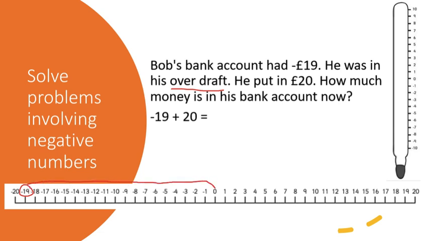That would be 19, adding on 19, but I need to add on one more to add on 20. So how much money will he have in his bank then? He's going to have £1, which is a better place to be, Bob. You don't want to be charged for using your overdraft. Well done, Bob. And well done you if you worked out how much money Bob would have in his account after adding that £20 to it.